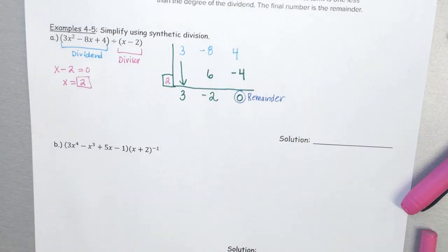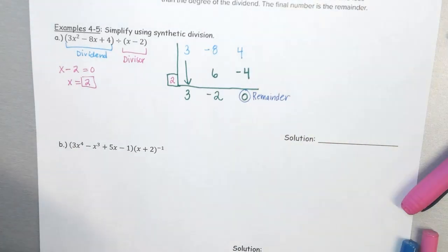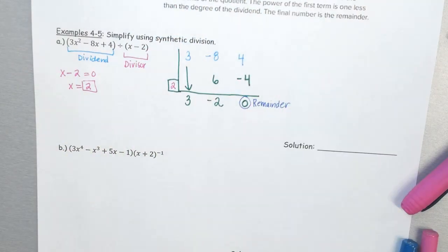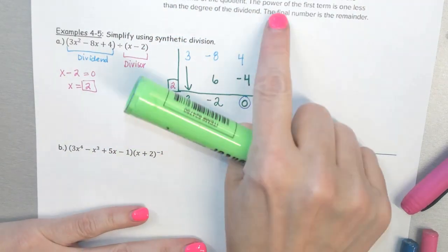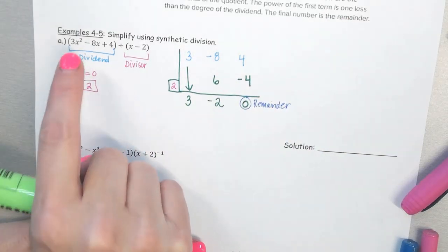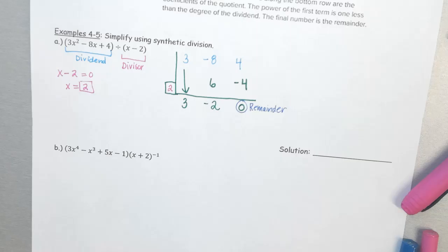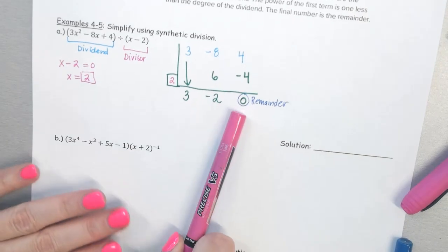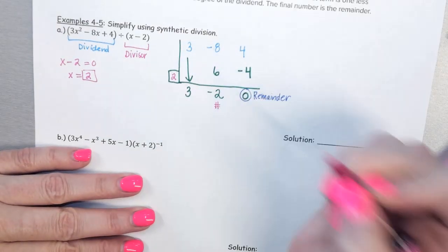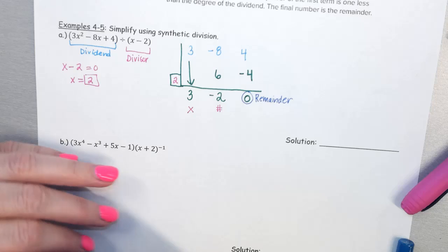So when you are writing the quotient, the numbers along the bottom row are the coefficients of the quotient. The power of the first term is 1 less than the degree of the dividend. I usually start from the back and go up because I know this is the remainder, then this is going to be the constant term, and this is going to be x.